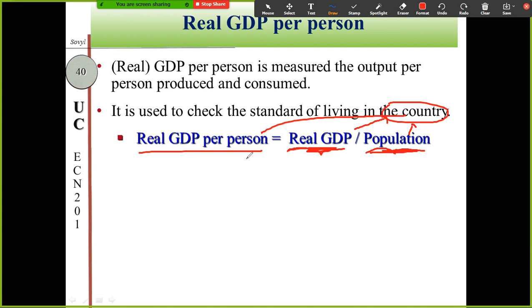For example, if you want to find real GDP per person in Cambodia 2019, you need to know real GDP in Cambodia for 2019, and need to know how many people were in Cambodia in 2019. That's why take real GDP in 2019 divided by the Cambodian national population in 2019, and you will get real GDP per person in 2019 for Cambodia.